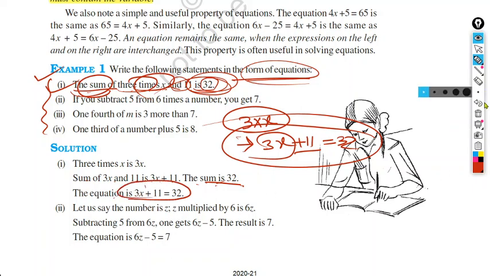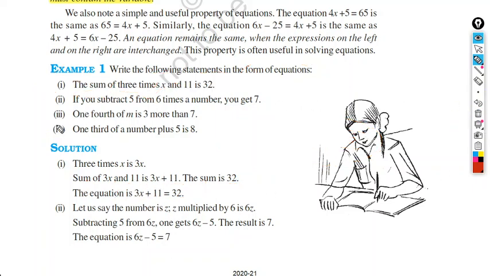Another question we will discuss. This one: 1/4 of m is 3 more than 7. So 1/4 of m is 1/4 m, or you can say m by 4.